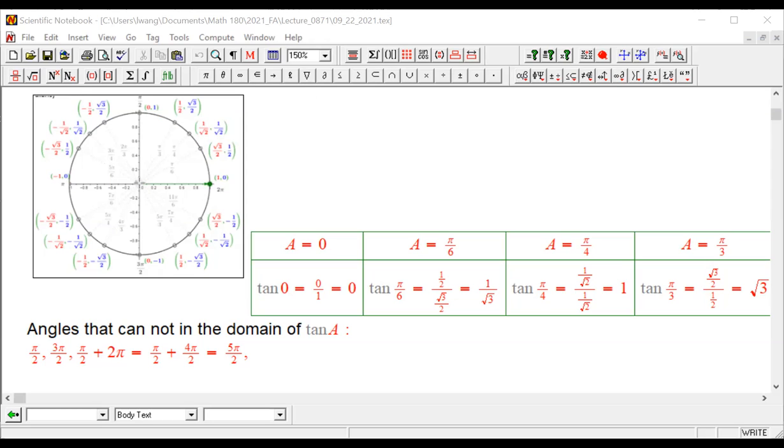Okay, so what is this angle? This is a terminal. I'm measuring the angle here. It's 3 pi over 2 plus 2 pi, right?